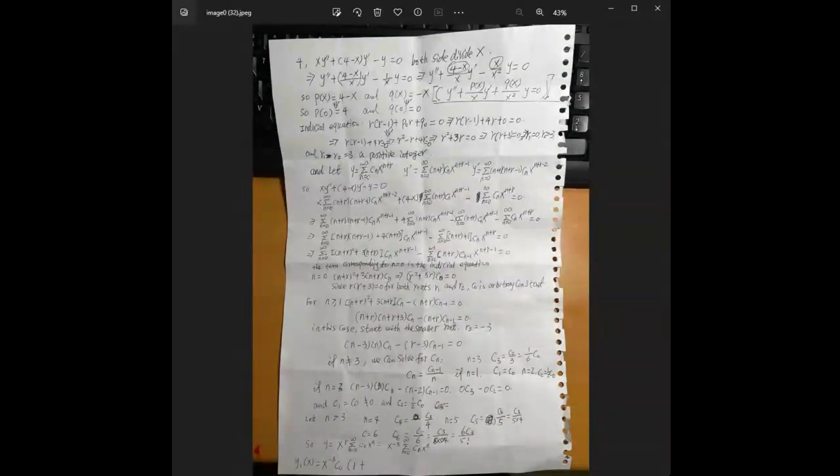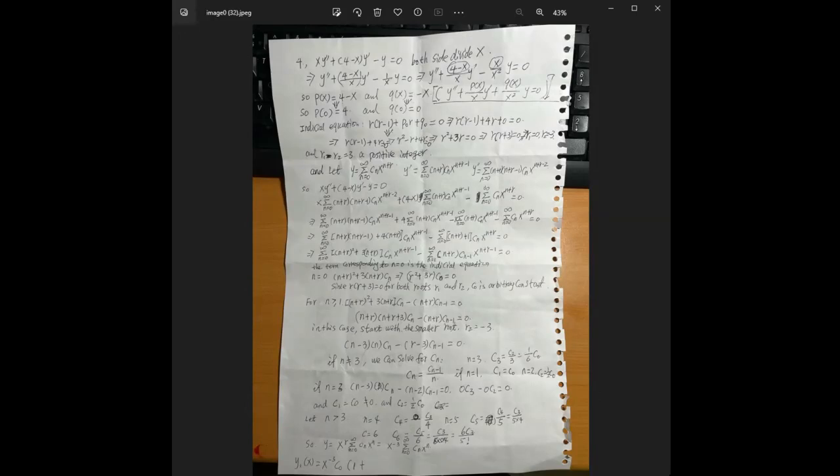Since n cannot be 3, we can calculate: if n equals 1, C1 equals C0. If n equals 2, C2 equals 1 over 2 C0. If n equals 3, C3 is 1 over 6 C0.